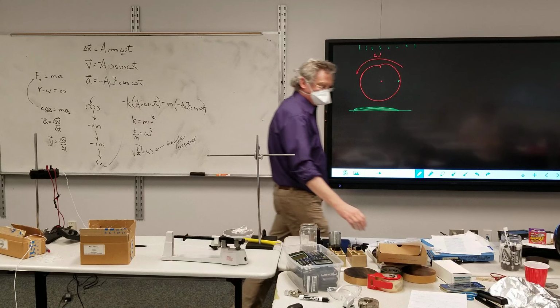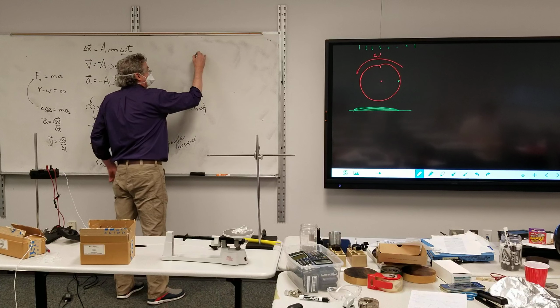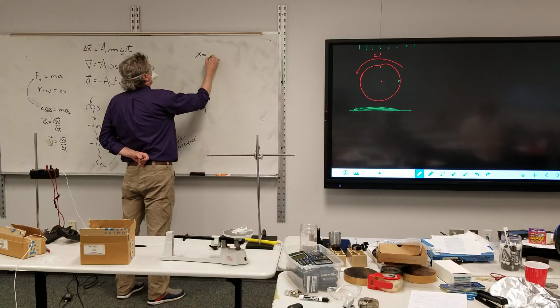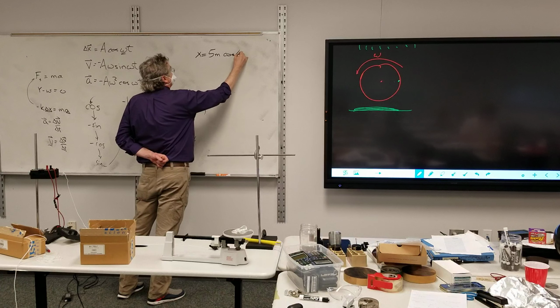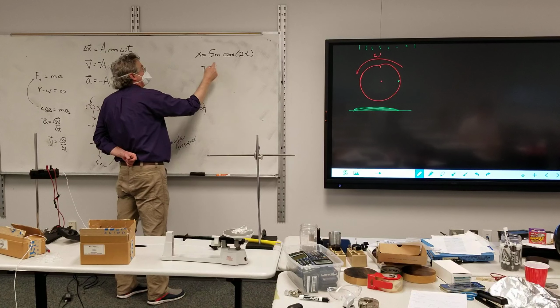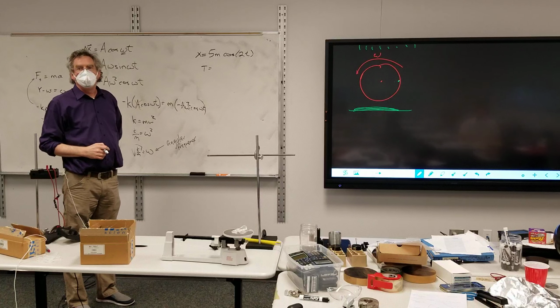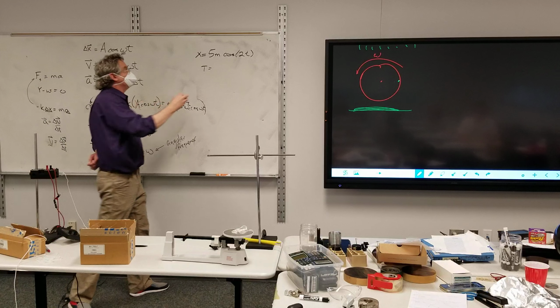Let's connect it with some of the stuff we've already done. If I have position is equal to, let's just say 5 meters times the cosine of 2t, what is the period? Pi. Yep.